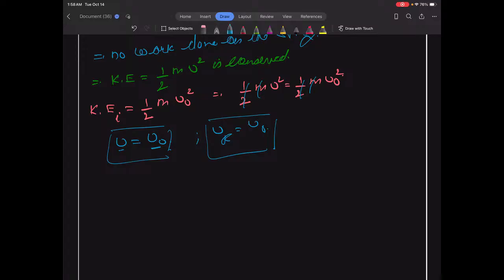Because in part A there is no external agent that is acting to do work, whereas in this case there is an external force. Because of that, torque is not 0, but the work done is 0, so kinetic energy is conserved, that is no energy losses.